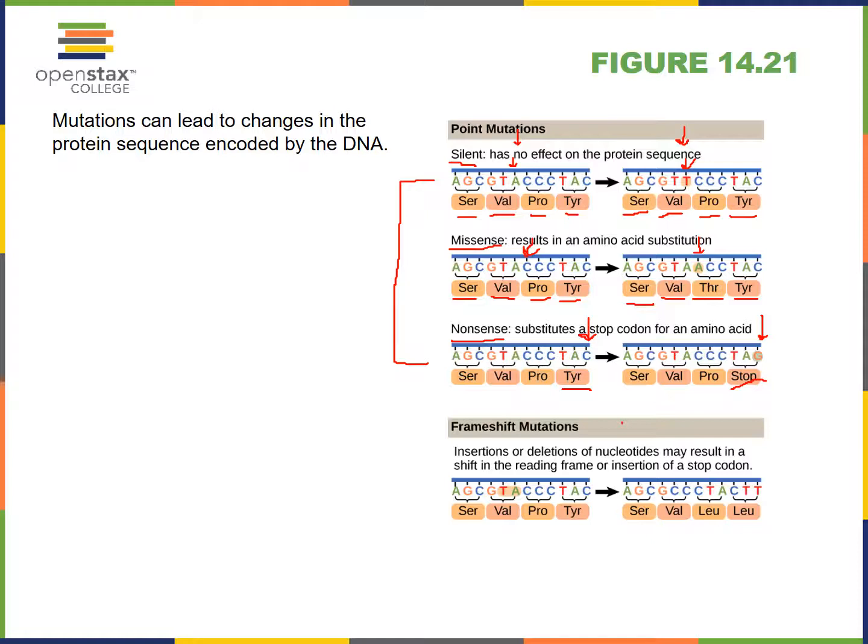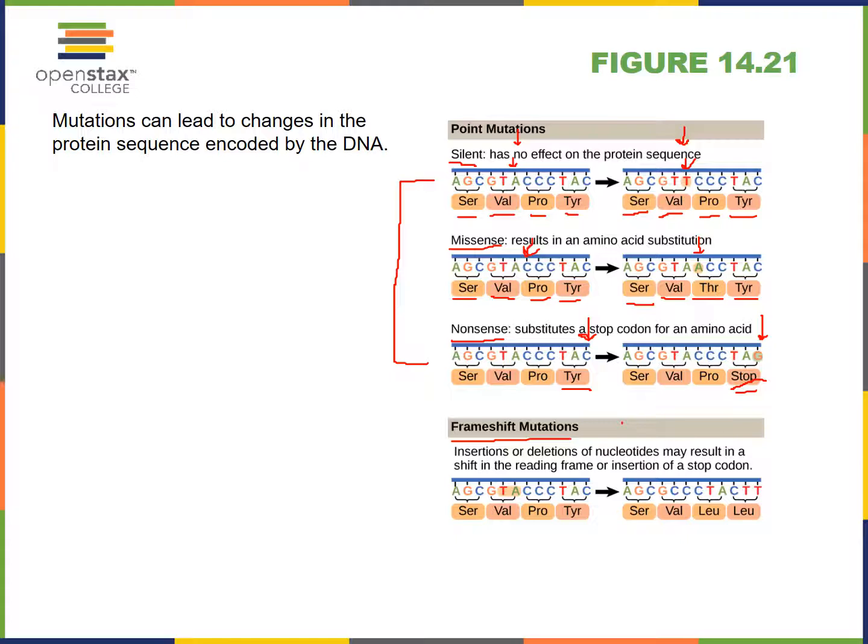And we'll learn about codons in a couple chapters, so don't worry if you don't completely 100% understand this. But when you insert a stop codon into an amino acid sequence, you can get a truncated protein. And a protein that's half the size of what it should be is probably not going to be functional. I don't care about frame shift mutations just yet. I'd rather talk about that when we start talking about proteins.